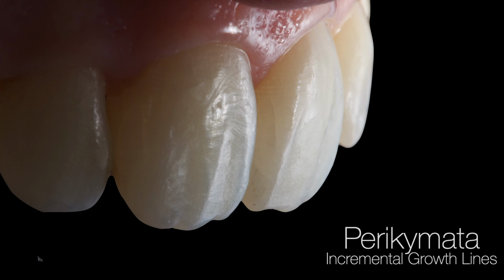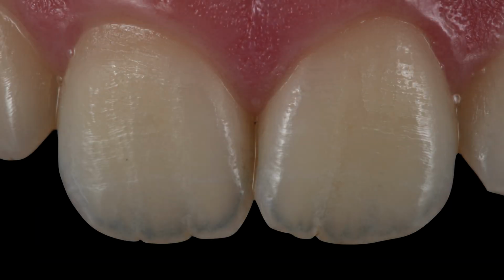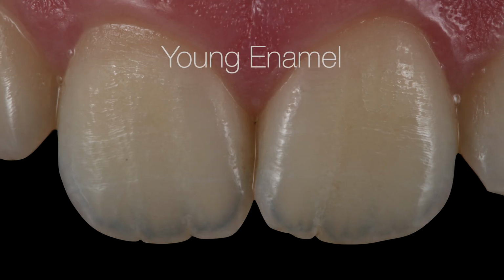That's the most important detail on the vestibular surface, and it is typical of young enamel, which is not worn, because with age those perikymata get erased by the wear of brushing the teeth, eating, or whatever.